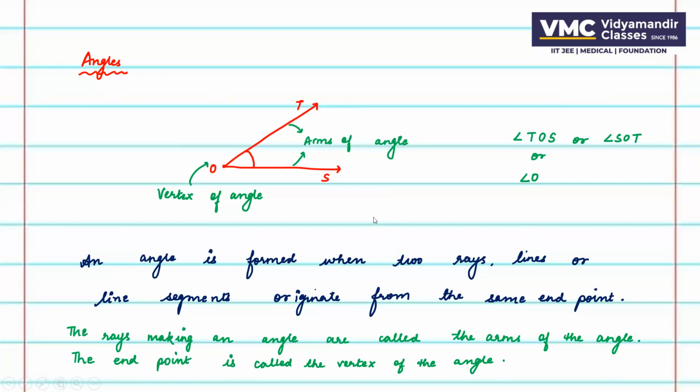Next, we come up to another term, that is complementary angles. Whenever we have any two angles whose sum is 90°, they are known as complementary angles.